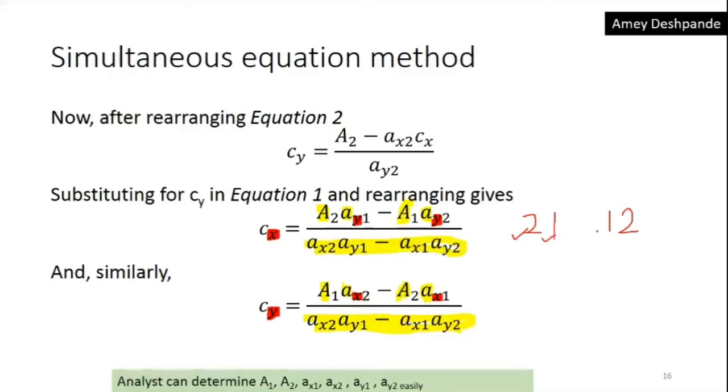Then again after capital A you will write down 1 and after small a you will write down 2. This is for Cx: 21 12. Okay, remember Cx is equal to 21 12 and Cy is equal to 12 21. So if you remember it like this, remembering the formula will be easy for you.